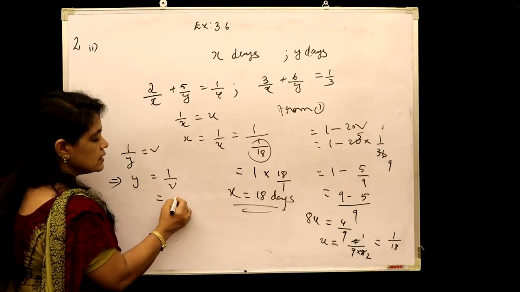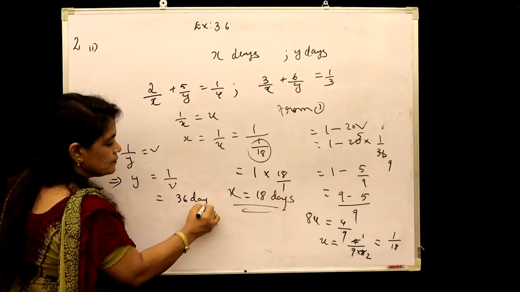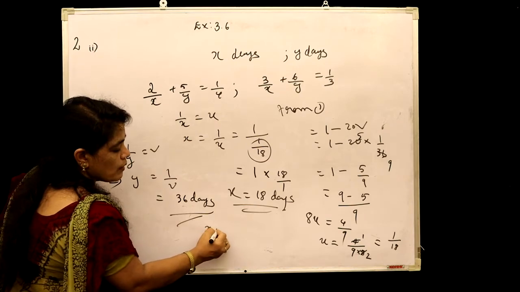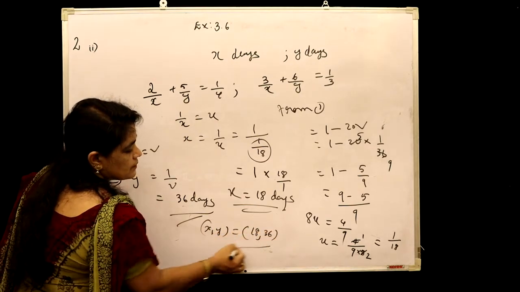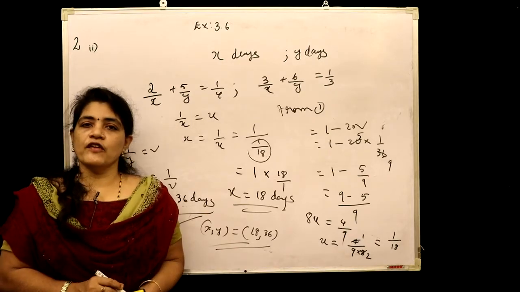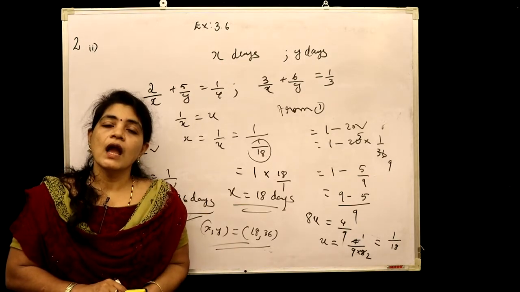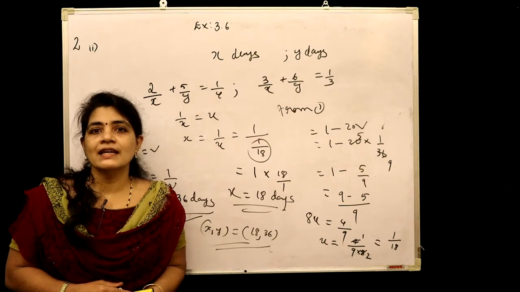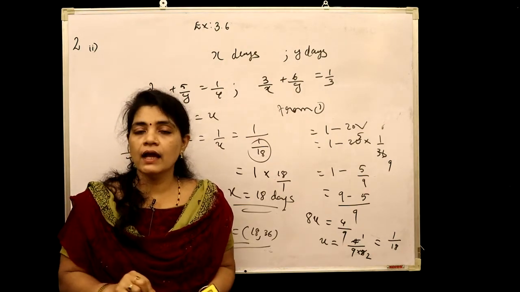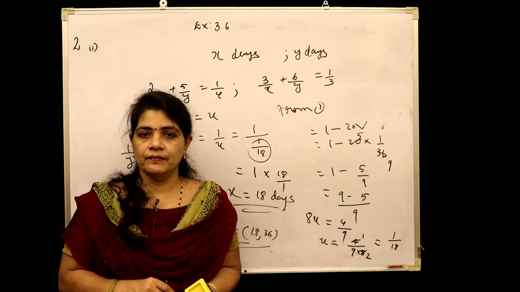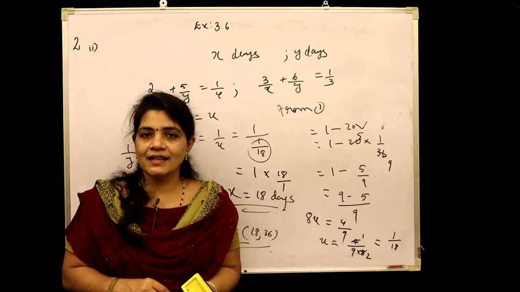That is 36 days. So x comma y is equal to 18 and 36. These are the values of x and y. That is, time taken by one woman alone is 18 days and the time taken by one man alone is 36 days. This question is clear, children?